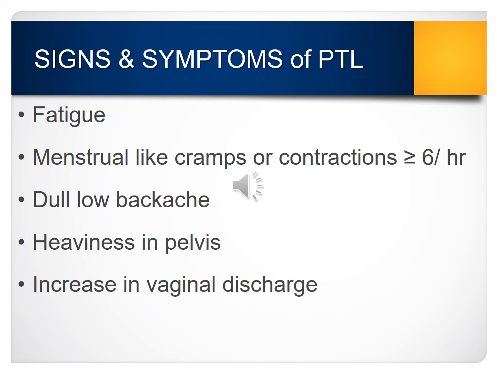She may also complain of some vaginal discharge. Again, you want to ask the right questions to describe the discharge. Does it look like water, which could indicate premature rupture of membranes? Is it bloody? So you want to ask and investigate into the chief complaints that she may present with.